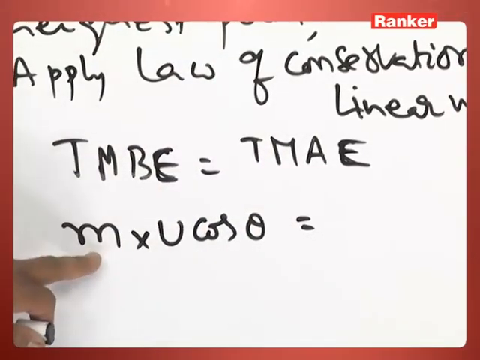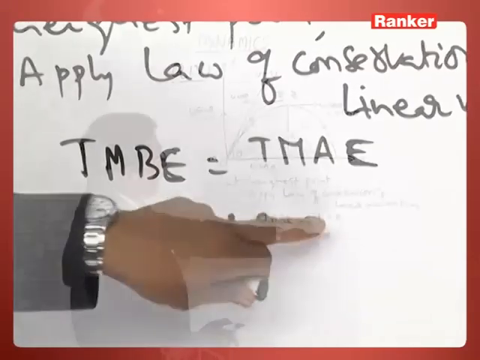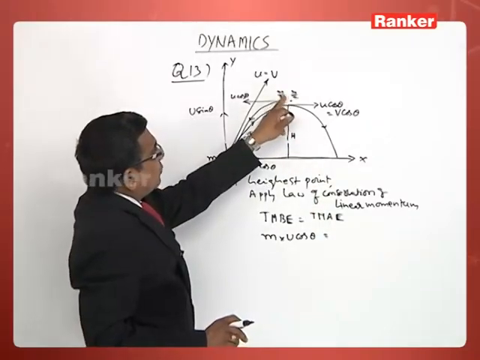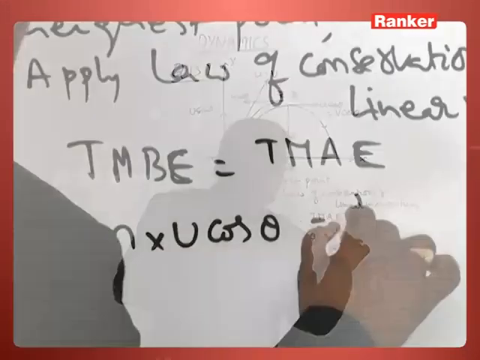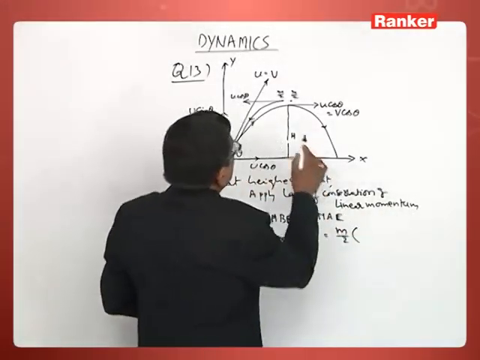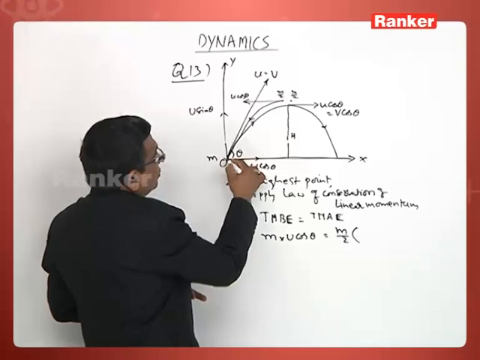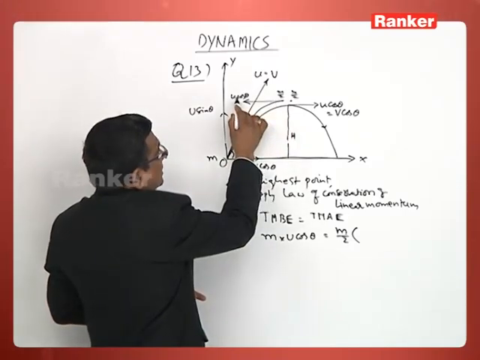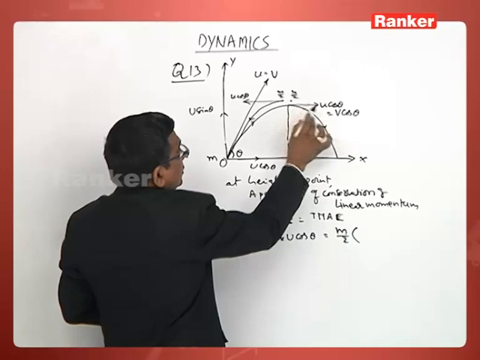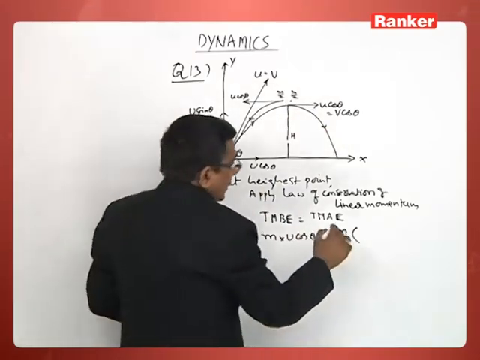Before explosion it is only one piece of mass m with velocity u cos theta at the highest point. After explosion it has become two pieces. One piece is of mass m by 2, and as it is retracing to the cannon, its velocity is u cos theta but opposite to the direction of the initial velocity, so we take the negative sign.